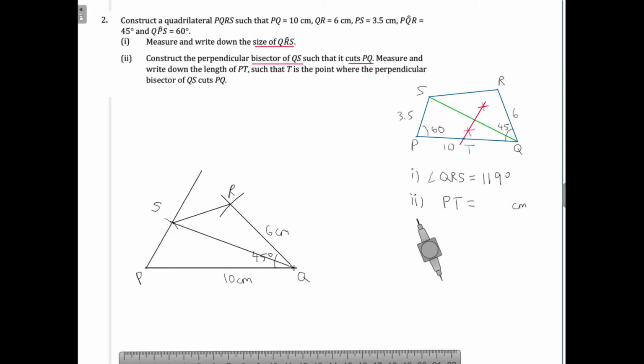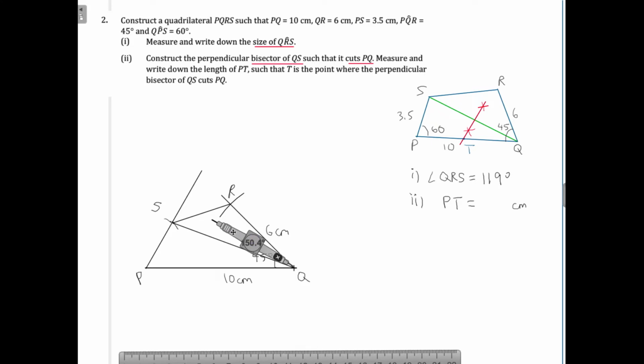So now we need to bisect this line. Once again, to bisect a line QS, we use Q and S as the center. Extend the compass to more than half. We could actually have it longer.